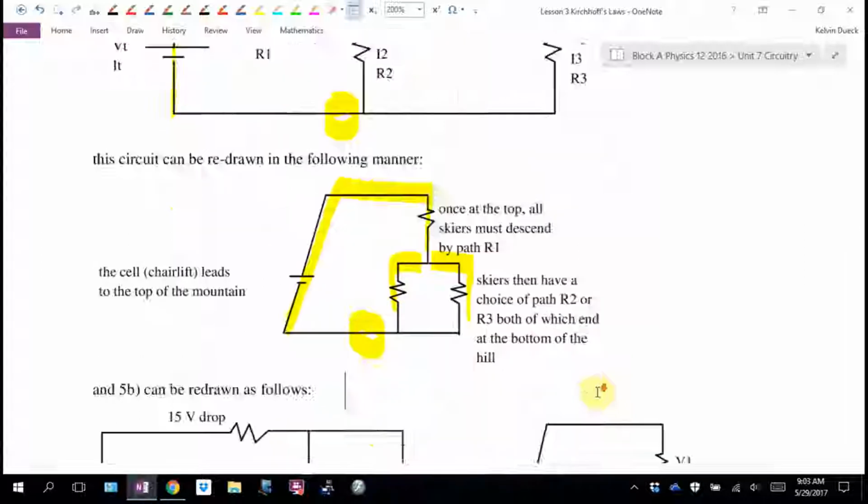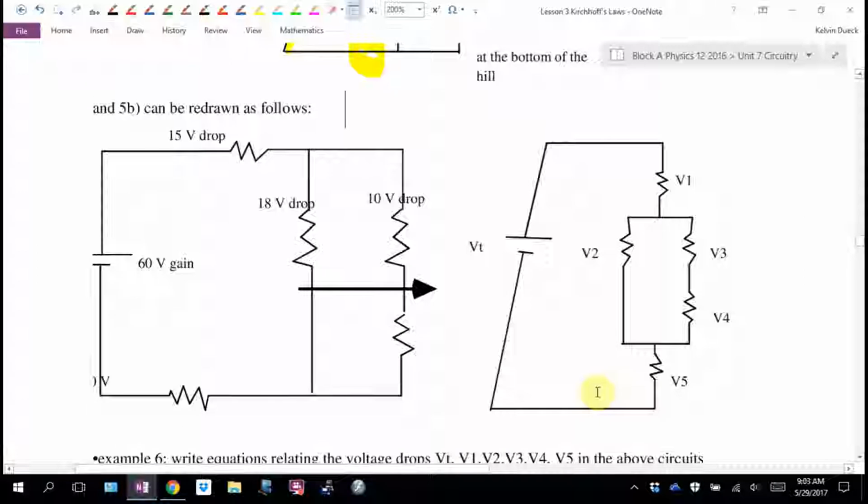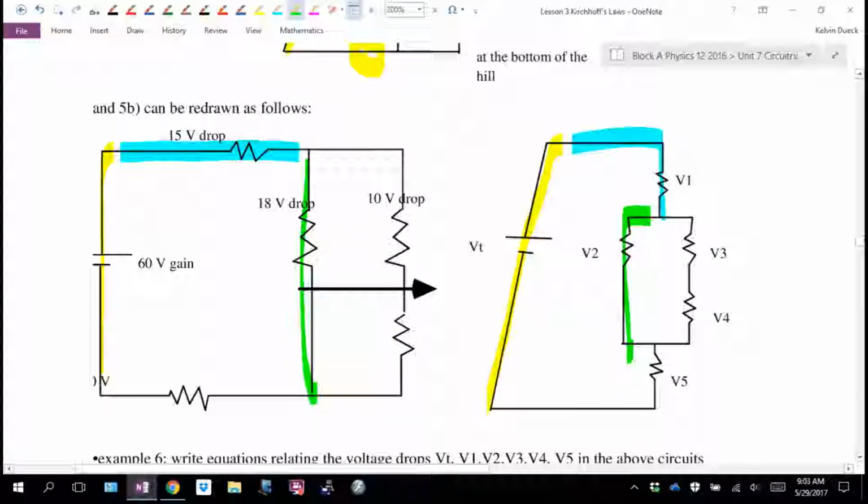It's less work. Same idea, 5B, the one that James and I did, could be redrawn as follows. So again, here's your great big chairlift. Everybody goes through that resistor. Everybody goes through that hill. We split up. Some people go this way, some people go that way.